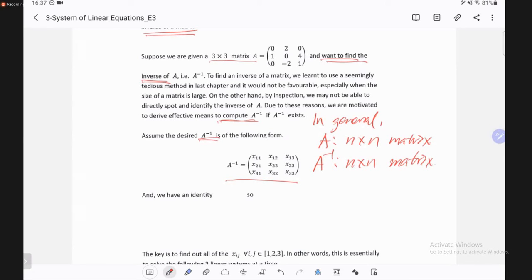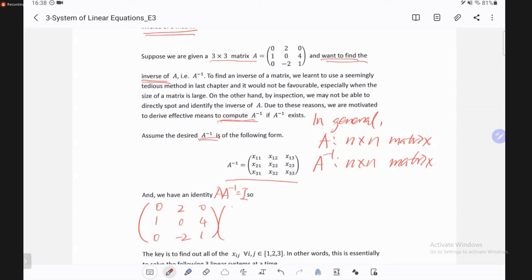And now I would like to apply the identity for the matrix, which is A times A inverse equals the identity matrix I. So we get something like this. I simply replace A and A inverse by what we have defined previously.